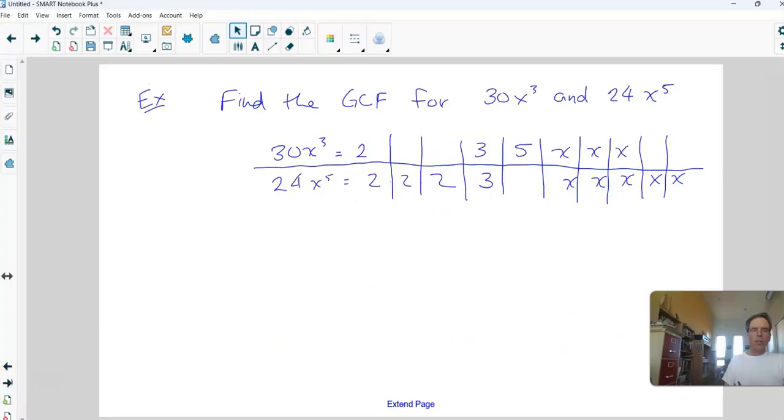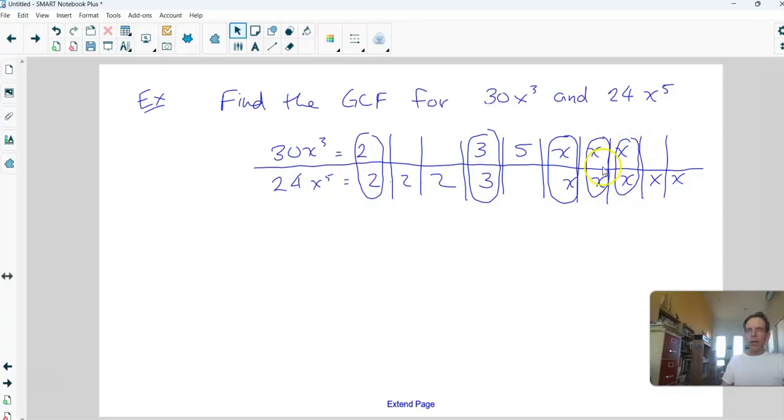And it also works with a variable or more than one variable. Here we have one variable, x. It could be a y or something in there too. But anyway, what is the GCF for these quantities, 30x to the third and 24x to the fifth? We circle the full stacks. We've got a stack of 2s, a stack of 3s, and then we have some x's that are stacked, that are full stacks. In fact, there's 3.